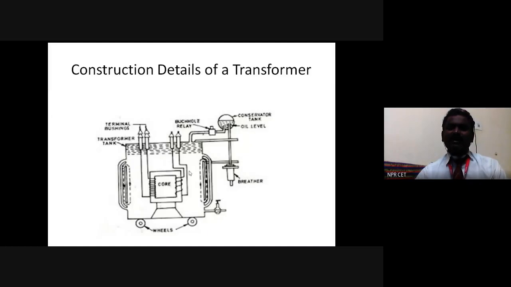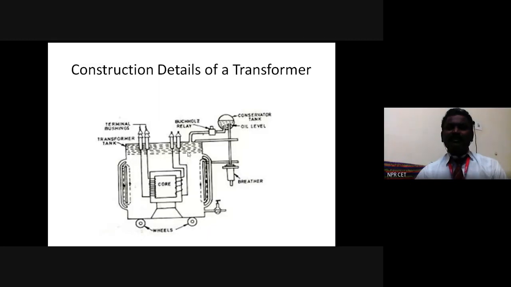So the oil gets expanded. At that time the expanded oil goes to the conservator tank through this tube.